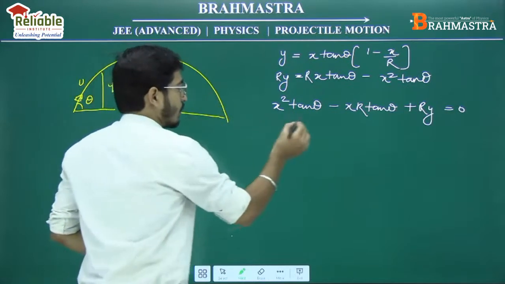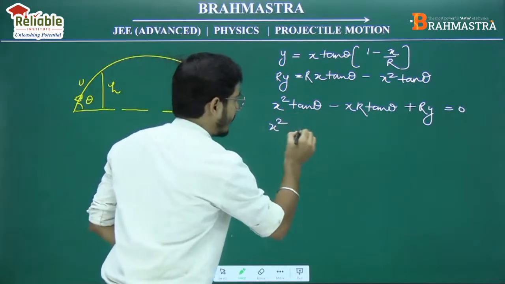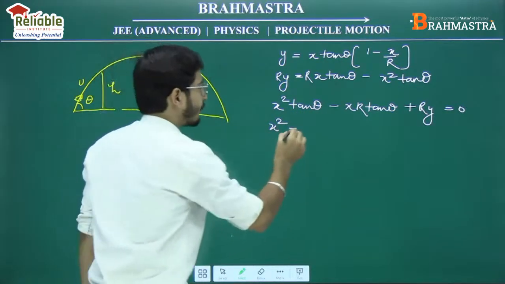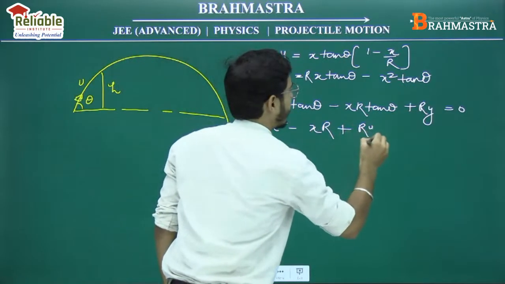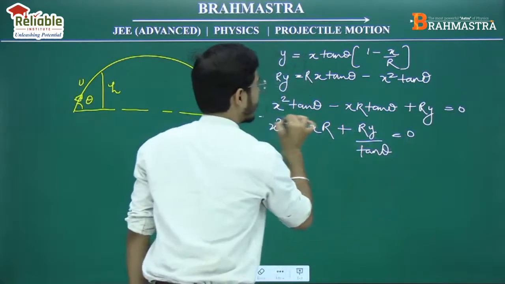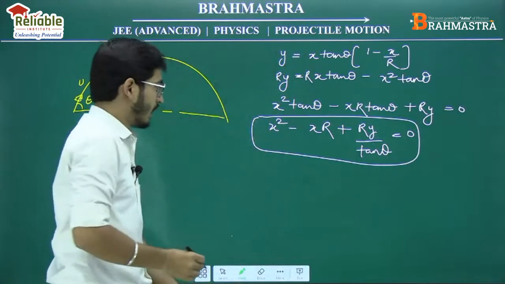Let's divide the equation by tan theta and convert the quadratic into a more sophisticated form: x square minus r x plus ry over tan theta equals 0.